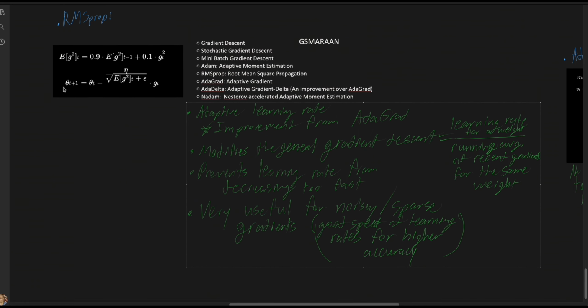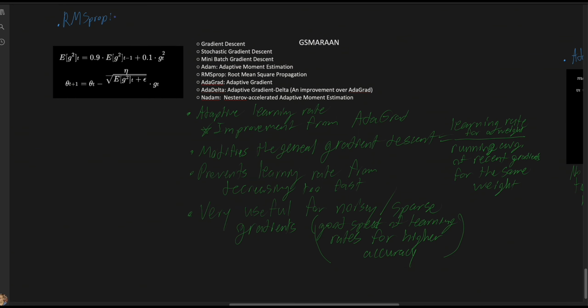And to go over the symbols for root mean square propagation. The following symbols we have will be E of g squared with the absolute value with respect to time, which is the running average of the squared gradients.